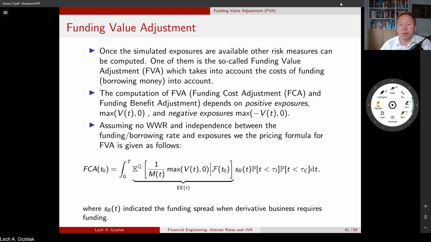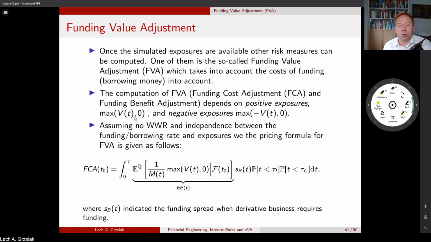So far, we have seen that we are able to calculate approximations for CVA, DVA, BCVA, and another value adjustment that we can compute based only on expected exposures and expected negative exposures is the so-called funding value adjustment.